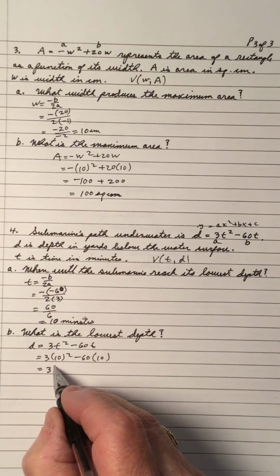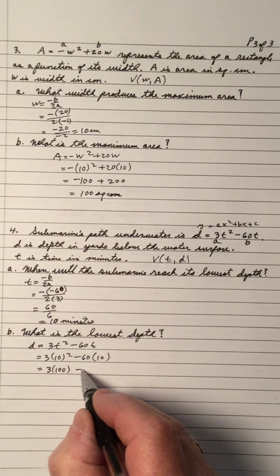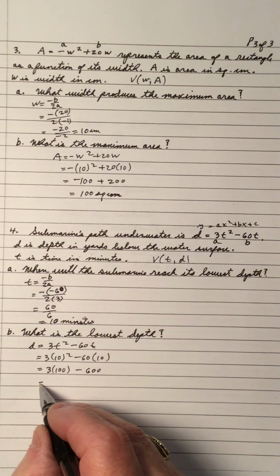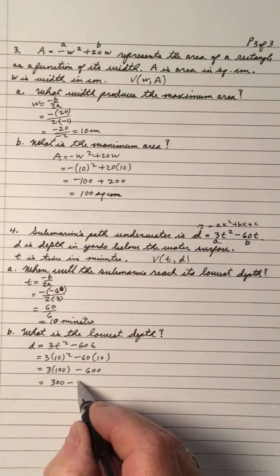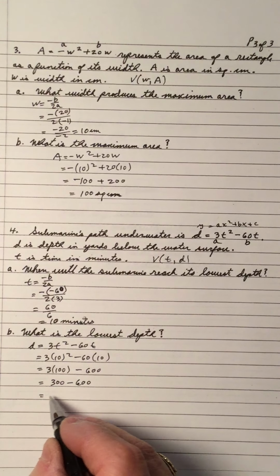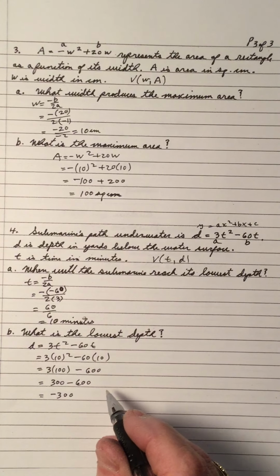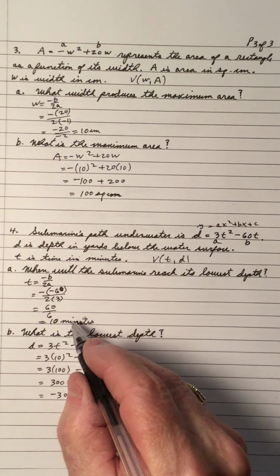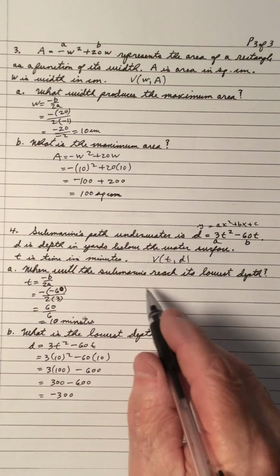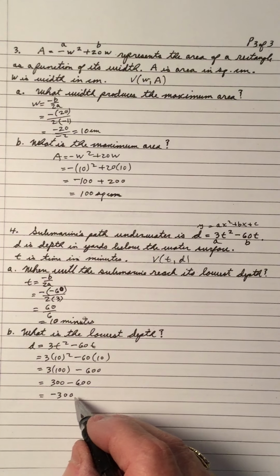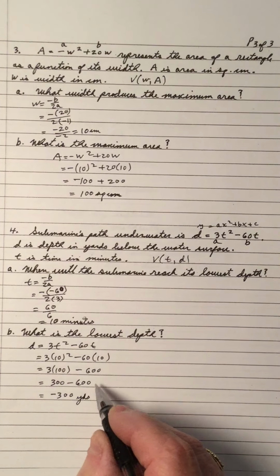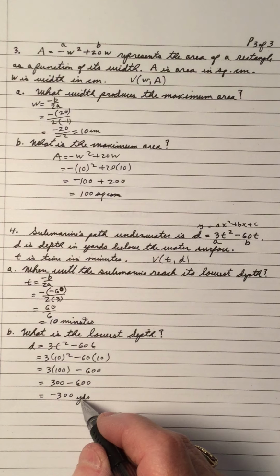I square first and I get 100. 300 minus 600. So I get a negative 300. And again, time is in minutes and the depth is in yards, so that's 300 yards. So the lowest depth is 300 yards.